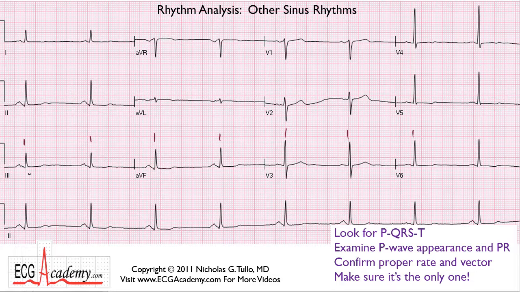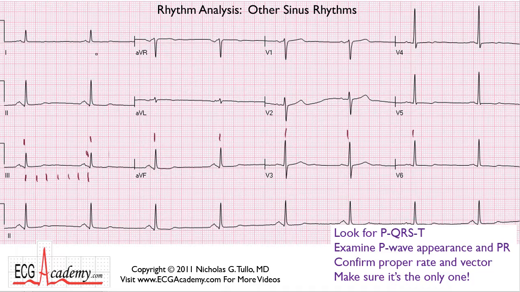I think you start to eyeball it and say, wow, that's slow. It's more than 5 boxes, so it's less than 60 beats per minute, right? It's 300, 150, 100, 75, 60. And this is 50, so it's less than 50. And 40 would be way out to here. So it's about 48 beats per minute, just below 50.